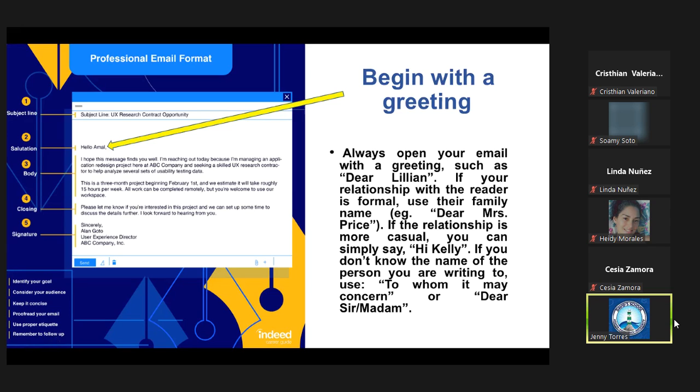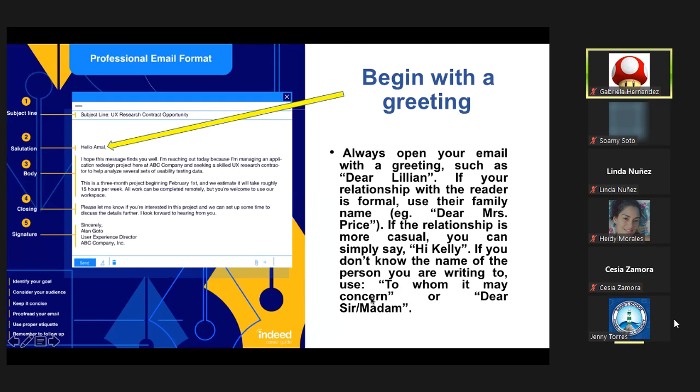Pero si ustedes no saben quién va a leer, porque lo mandan a una empresa X y ustedes no saben a quién va dirigido, entonces no vamos a decir hello, ni dear Mr. or Mrs., sino que vamos a escribir esta frase que dice to whom it may concern, a quien corresponda, acompañado de una coma al final, ¿ok?